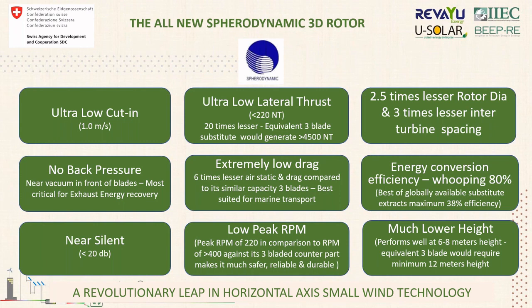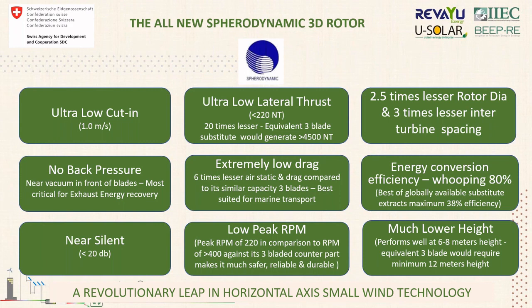So another biggest advantage is no back pressure. Because of this, we have been able to install it in front of an exhaust and achieve energy generation out of it, because the rest of the conventional blade turbines throw the air back towards the direction from where the wind strikes the front of the blade. So what happens when the exhaust is operating?